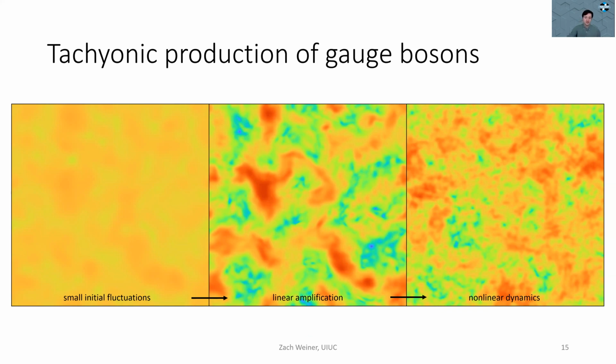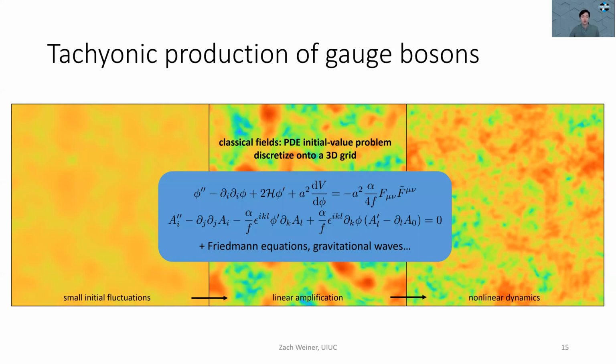And so this immediately tells you that we're going to need computers to actually solve this problem correctly. Fortunately, the fact that the mode amplitudes grow so large, that these fluctuations get so big, means that quantum effects are unimportant. And so what that leaves us with is a classical field theory problem.